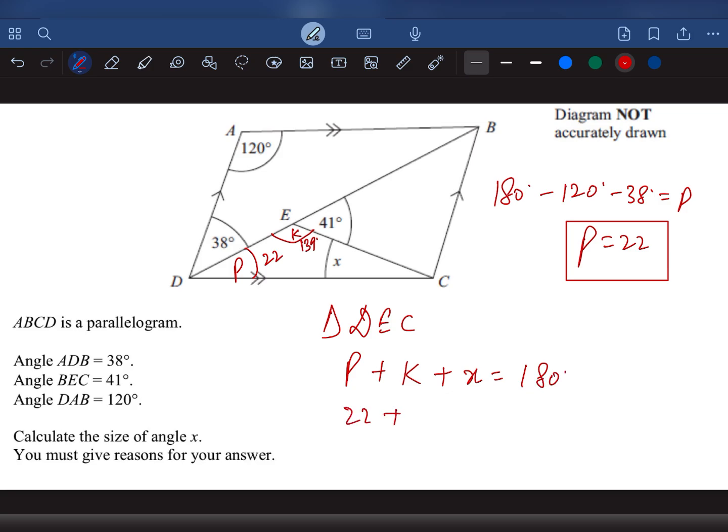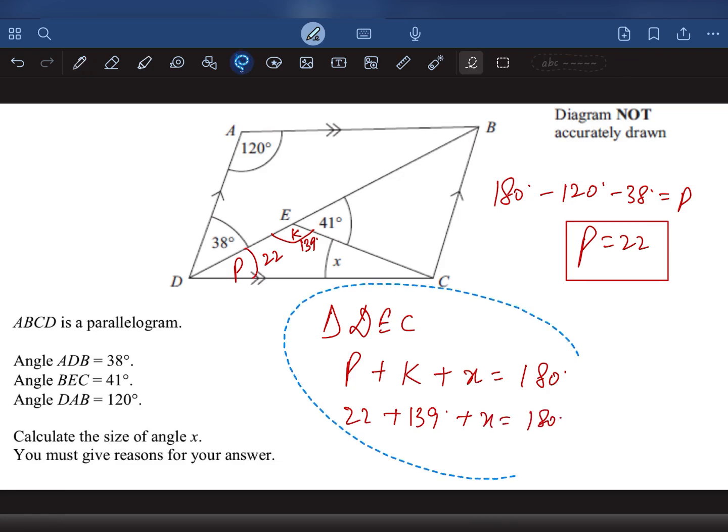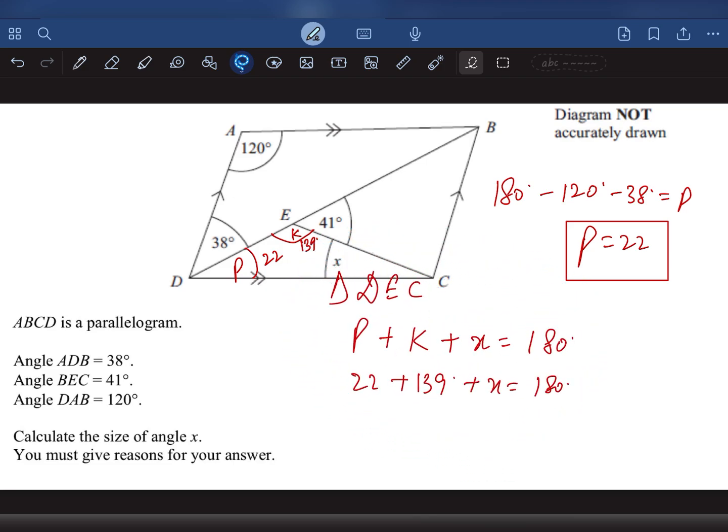Let's put the values and find the value of X. Let's take them one by one to the right side. X is equal to 180 minus 22 minus 139. First, from 180 take away 22, which is 158, and then take away 139 from that, which is 19. That means the value of X is 19.